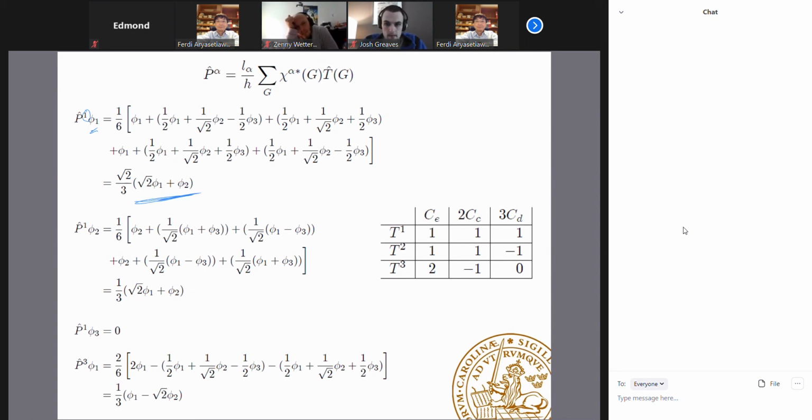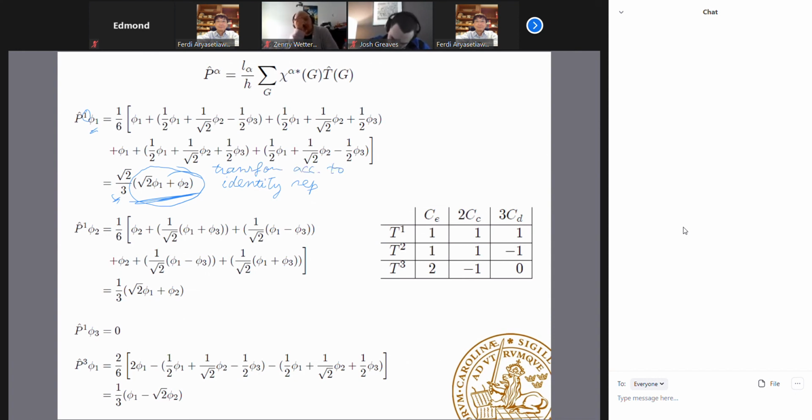This combination transforms according to the first representation, which is the identity representation.